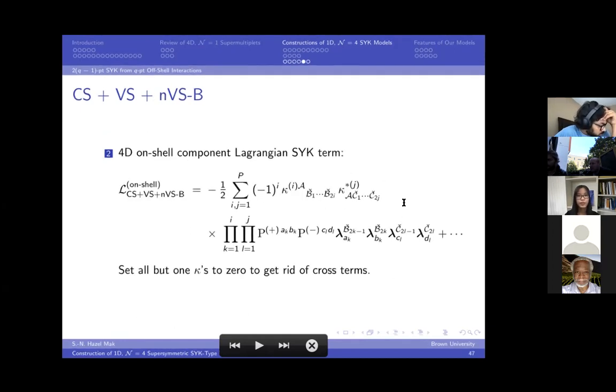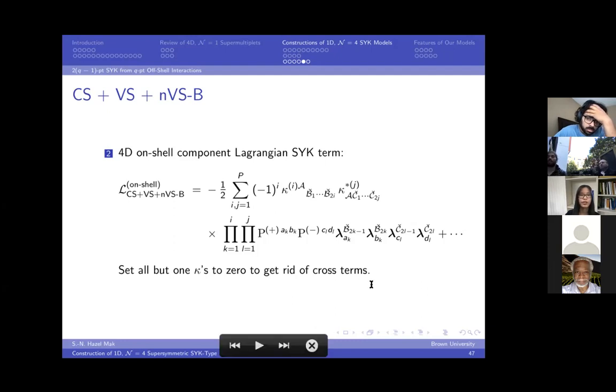When we go to components and go onshore, we will have a term that looks like this. It actually has a lot of terms, where you sum over i and j from 1 to p, like you have two polynomials and then you multiply them.